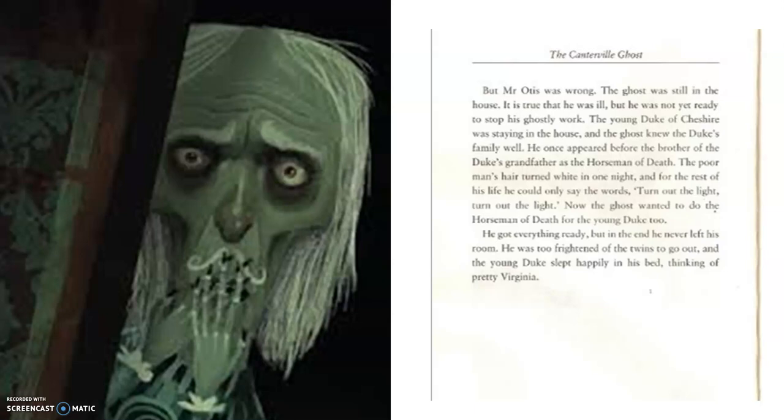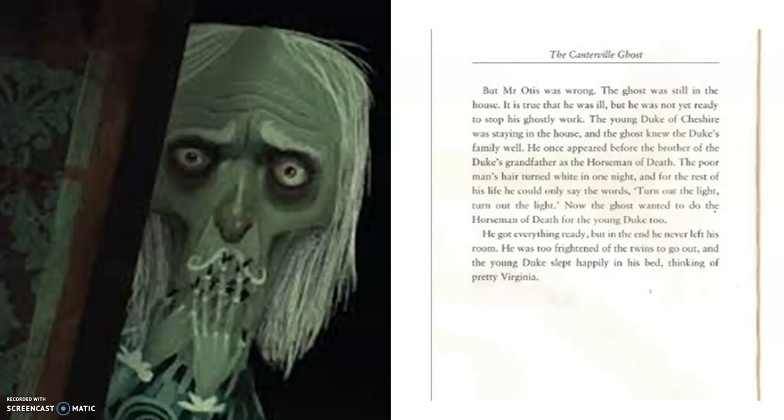The young Duke of Cheshire was staying in the house, and the ghost knew the Duke's family well. He once appeared before the brother of the Duke's grandfather as the horseman of death. The poor man's hair turned white in one night, and for the rest of his life he could only say the words, "Turn out the light, turn on the light."